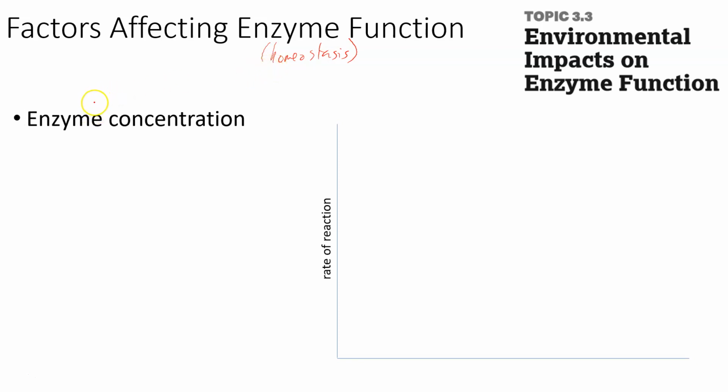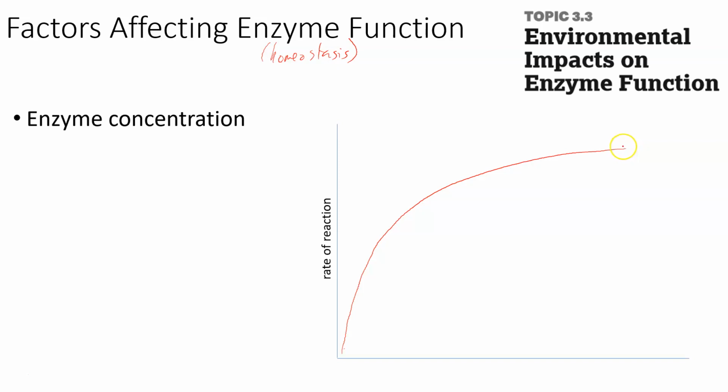One of the things that controls enzyme function is the concentration of enzyme. In other words, the more enzyme you have, the faster the reaction, the higher your rate of reaction is going to be, right? Of course, it starts to approach its limit as you start to run out of substrate, right?